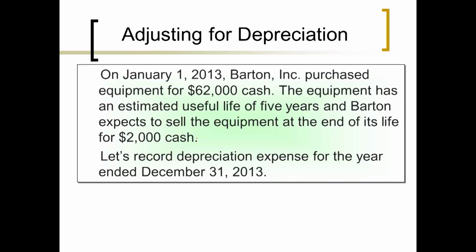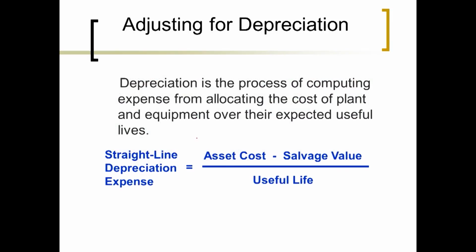So going back to these slides, okay? Let's do an example. It seems like I missed a slide. Okay, no, I did miss a slide. Or I forgot to talk about this portion right here. How do we calculate depreciation expense? Well, we take the asset cost minus what we call the salvage value, or sometimes it's referred to as the residual value.